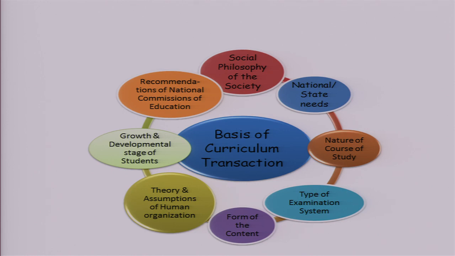So the social philosophy of the society. We know that the curriculum usually reflects the nature of society. Every society has its own needs and demands, and it reflects the philosophy of the society. Coming to the next part, we can see other factors such as the nature of the course of study.